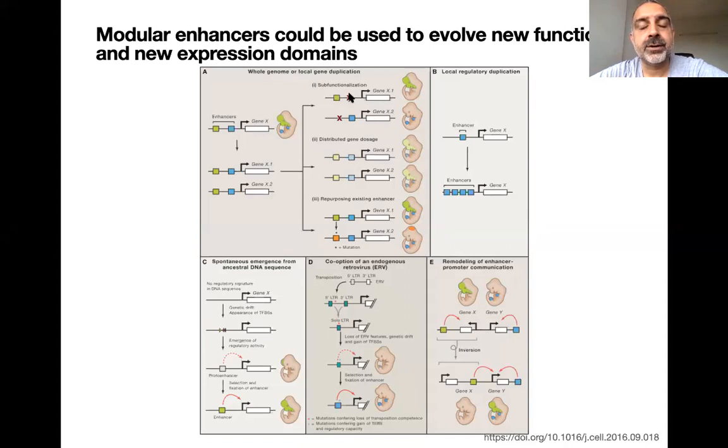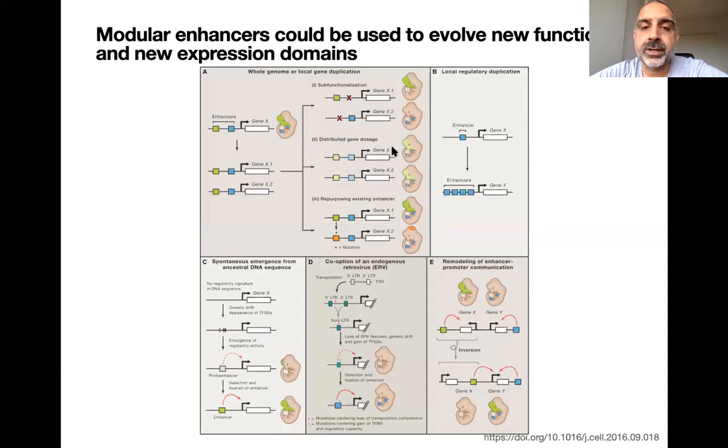This enhancer has not been deemed necessary and has not been selected for in gene X.1. That's because X.2 is now taking over the function of X in the limb bud, and so here the face enhancer has been mutated.